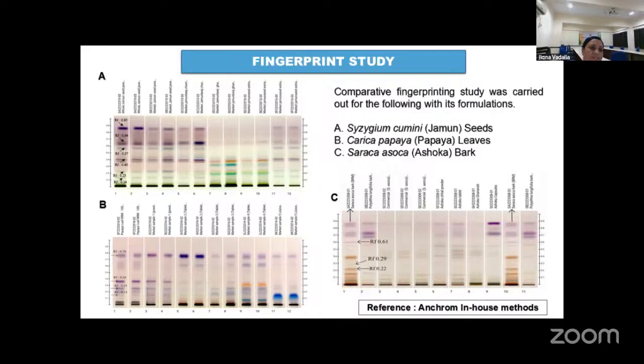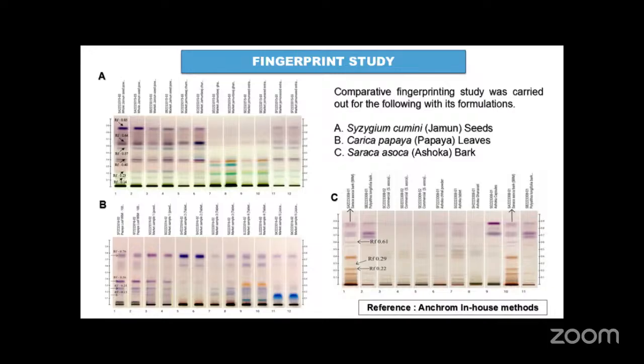So they matched this fingerprint with the marketed samples. So there are different marketed samples. You are able to see the different marketed samples. So in sample numbers 7 and 8, there are green bands. It is not in the original sample, and there are purple bands in the original sample, but they are not present in the 7, 8, 9, and 10 samples.